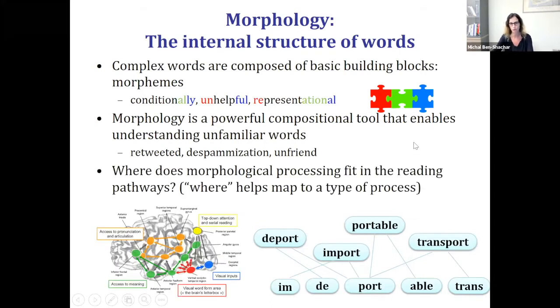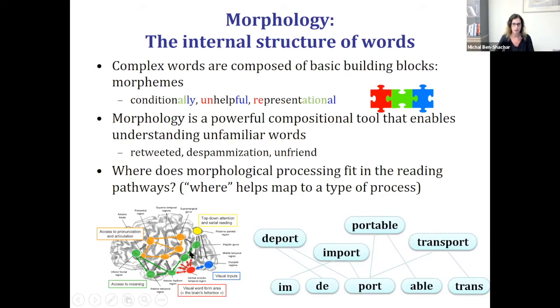And what we wanted to do in this project is to understand where does morphological processing fit in this scheme of the reading pathways. And as always, when you talk about where, we're not only interested in the anatomical location, but also in which type of process are we talking about when we're talking about morphological decomposition.